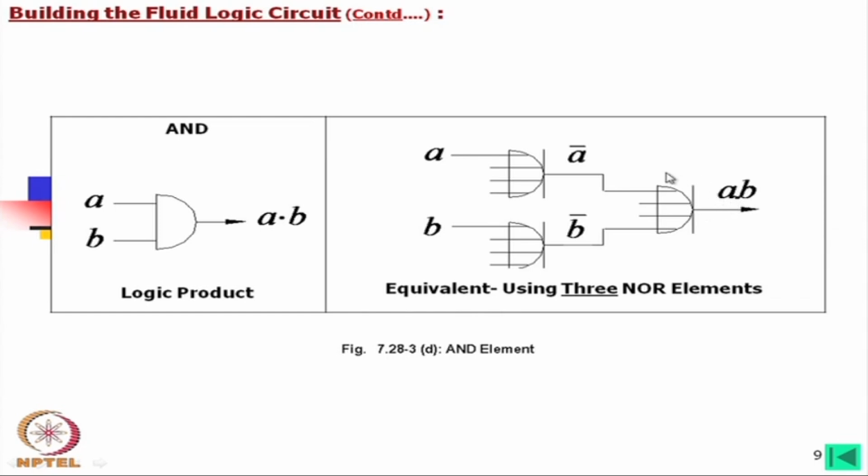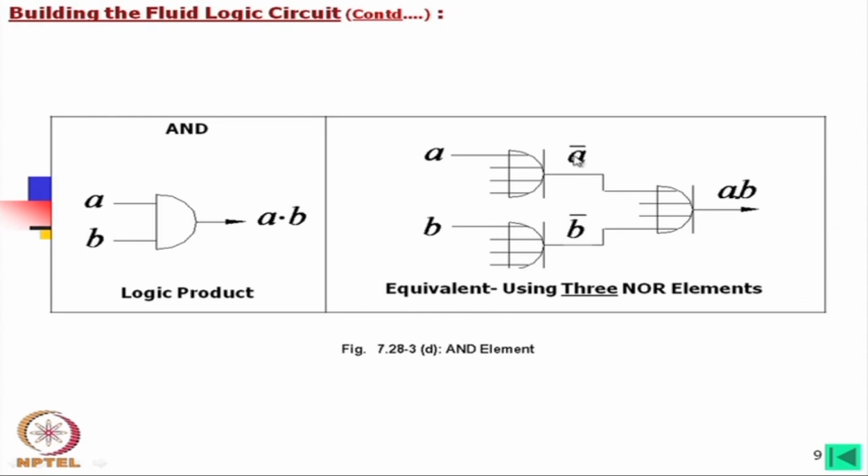You can say this is 3 NOR elements. So, A bar B bar and then reverse of that will give us A dot B. This is a theorem. You see, this is not A plus B bar, it is A bar plus B bar.